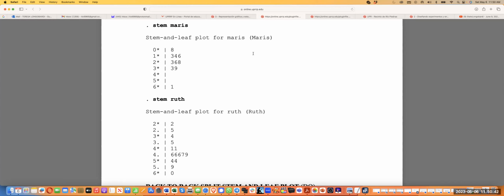Both are skewed. So right now, what kind of skew is Maris's data? Maris is right skew? And look at the gap you have here to argue that it is skewed. Clearly it's skewed, right? So that gap is confirming that. And what about Ruth?